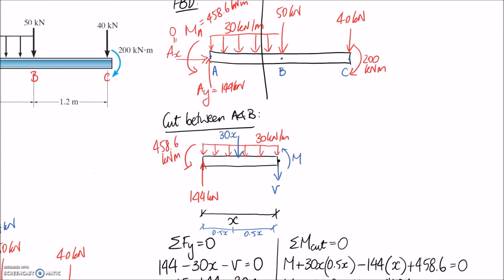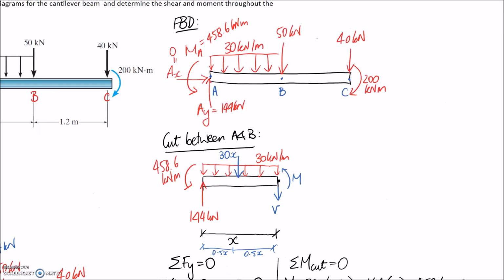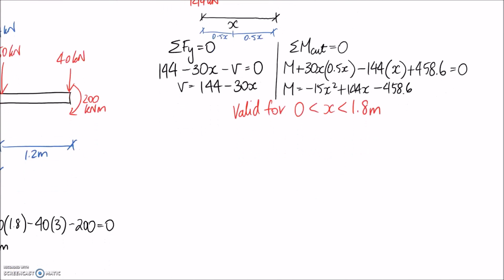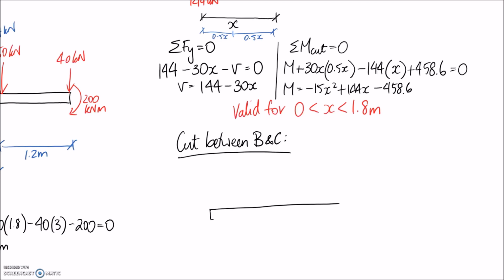So now we need to cut between section B and C, so through here. Once we cut, we need to redraw either the left or the right hand side of the free body diagram. I'm going to choose to draw the left hand side again. So let's go ahead and do that. So we've still got the distributed load acting across the beam.